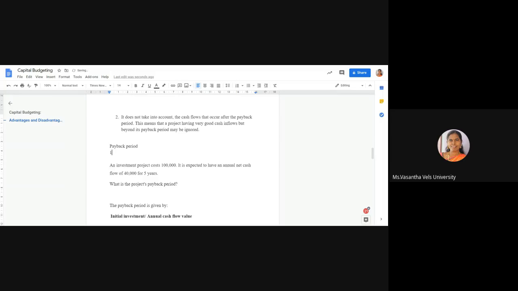First one is when cash inflows are uniform. It means that for all the years it is 5,000, 5,000 like that. So uniform cash inflows, that is, cash inflows are uniformly distributed.